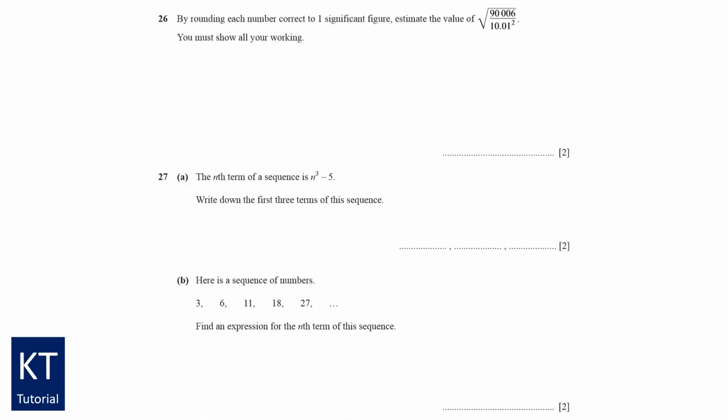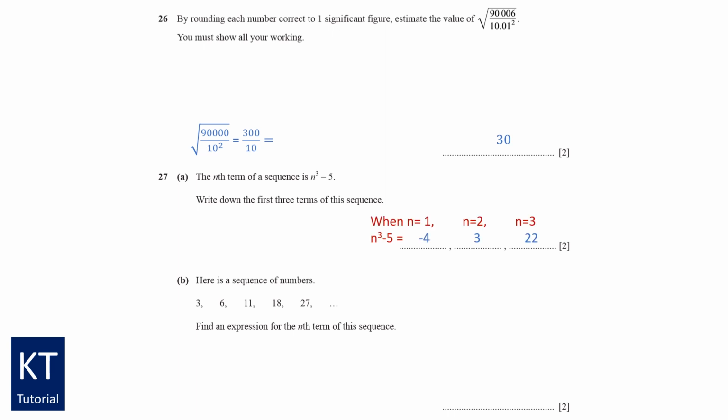Question 26. By rounding each number correct to one significant figure, estimate the value of the stated expression. By working through the maths, it should come to 30. Question 27a. The nth term of a sequence is n cubed minus 5. Write down the first three terms of this sequence.